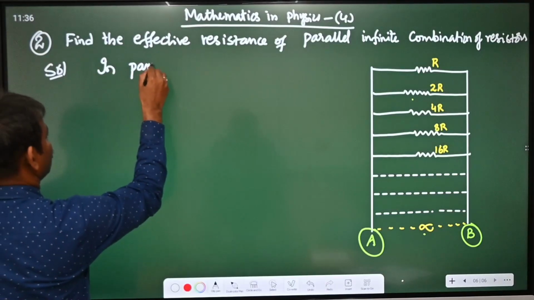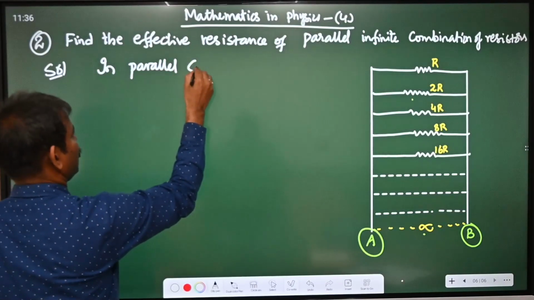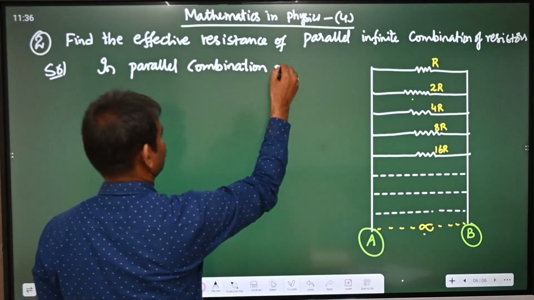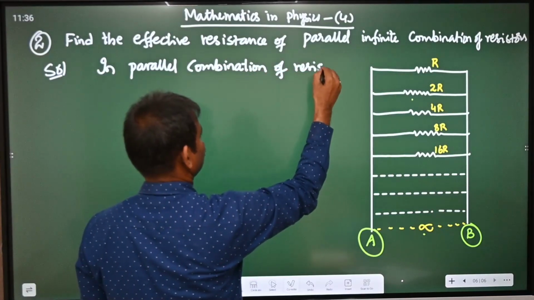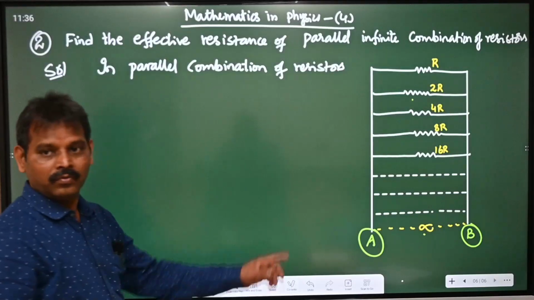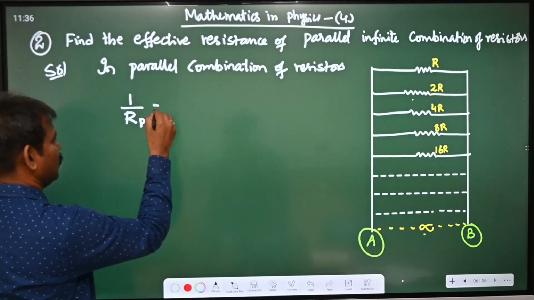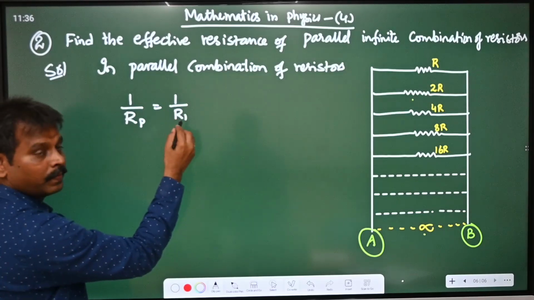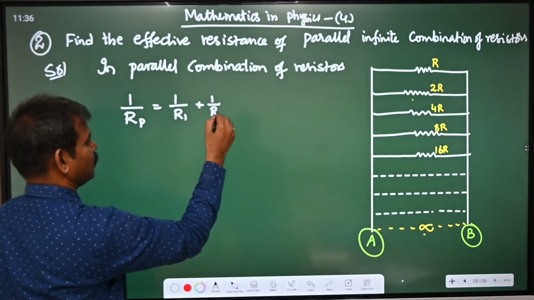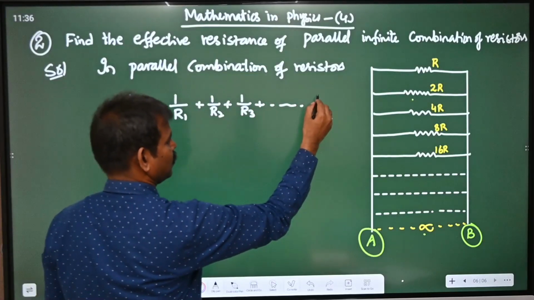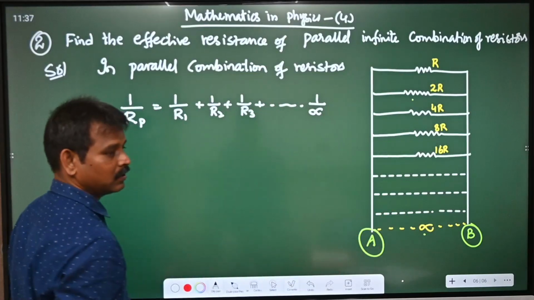In a parallel combination of resistors, we can write this as 1 by Rp, the formula is 1 by R1 plus 1 by R2 plus 1 by R3 and so on, up to infinity.